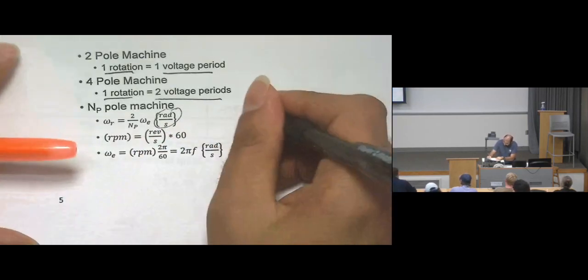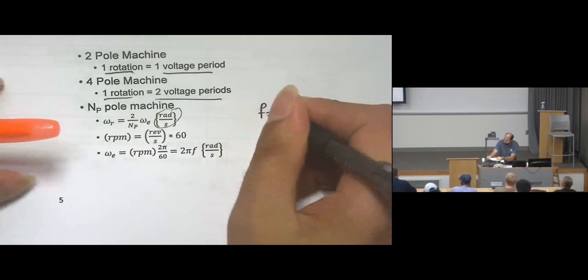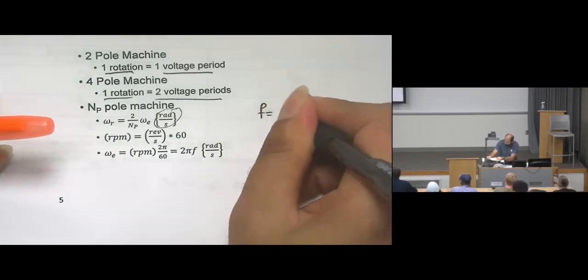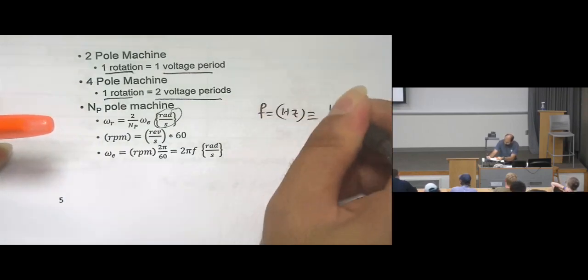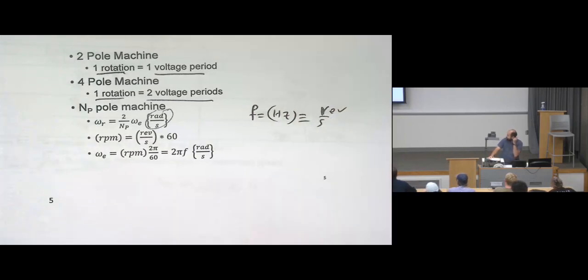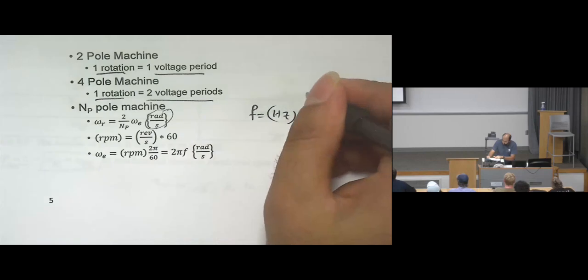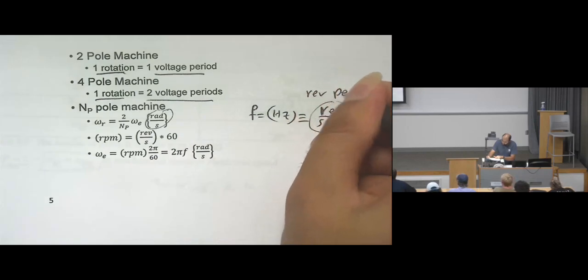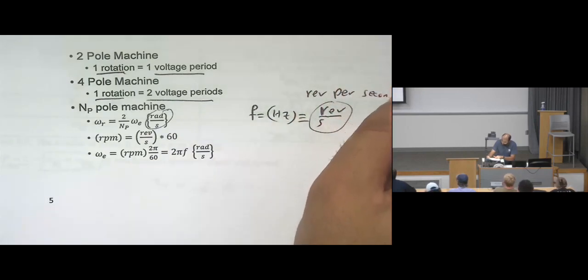So just for your information, frequency, the unit is hertz. And hertz is actually 1 per second, or it's actually revolution per second. So whenever you see revolution per second, this is the same as the frequency. Sometimes we denote it as RPS.